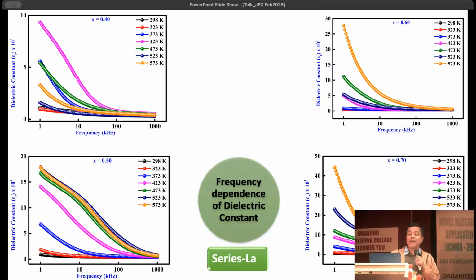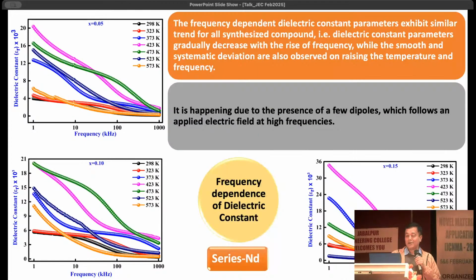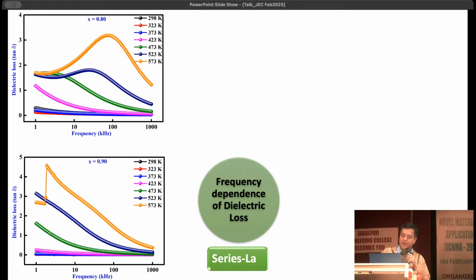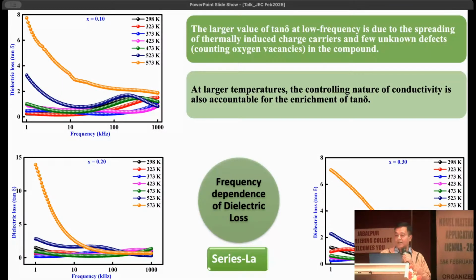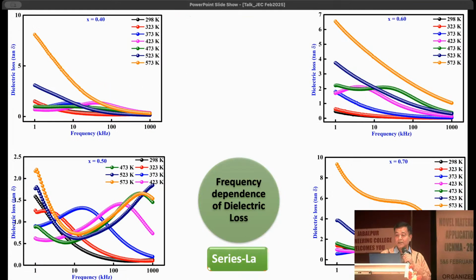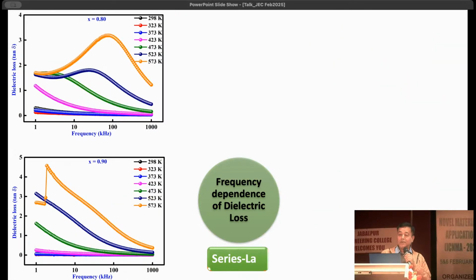In another phase, we have seen the dielectric loss, also called tan delta. And here, another important thing you can get is that phase transition also takes place. If you see this black curve in the lower figures, where the lanthanum was 20 and 30%, you can simply get the highest peak, and after that it is again decreasing with increasing temperature. It means there may be a phase change, your material is showing a ferroelectric to paraelectric phase transition.